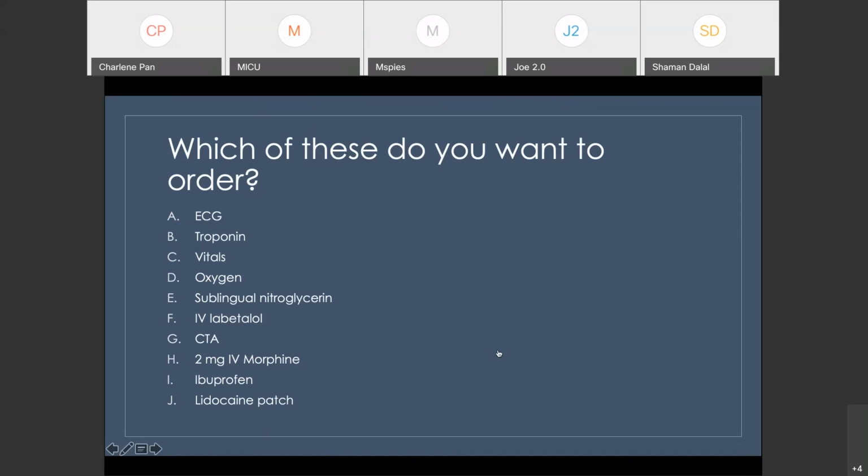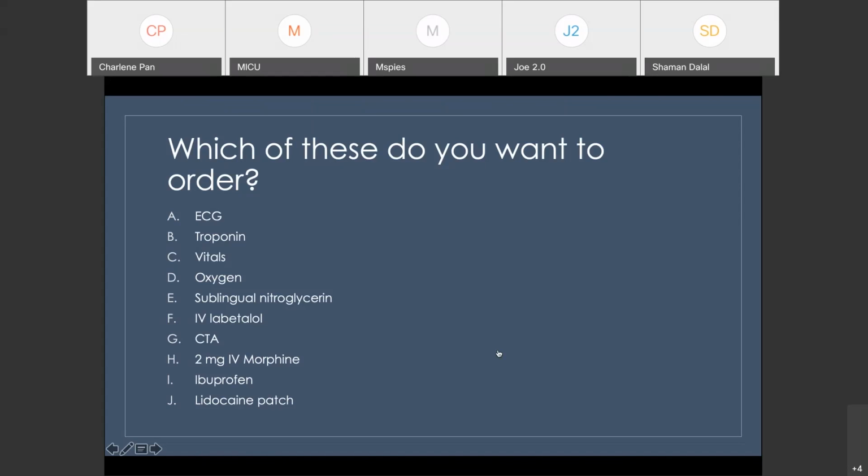Oxygen, with the vitals, can help you decide whether this patient needs any oxygen. Nitro is for if this is cardiac chest pain, but you need to make sure the blood pressure is not too low to give nitro. IV labetalol, I probably would not do unless this is a hypertensive emergency where you need to get the blood pressure down.